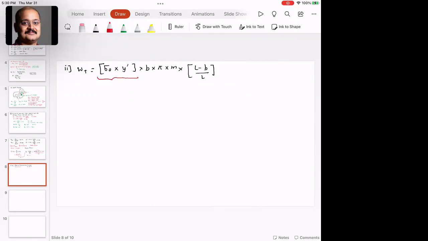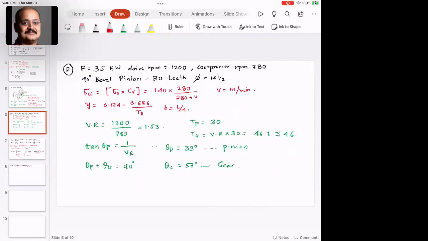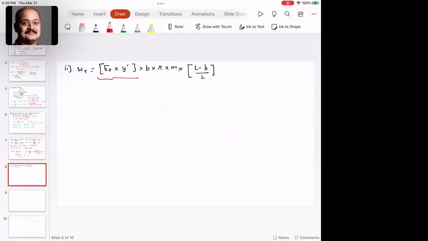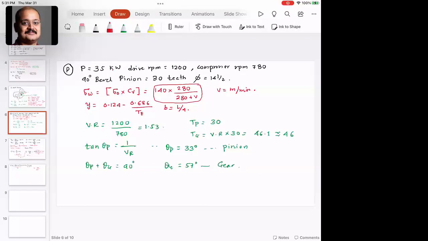But in this problem, the variation is, they have given us this equation for sigma W. So you have two choices, and there is no preferred choice. Both approaches are okay. So what you can do is, you can use this equation. Please note, this is sigma W. You can use this equation, sigma W is equal to 280 divided by 280 plus V in meters per minute.